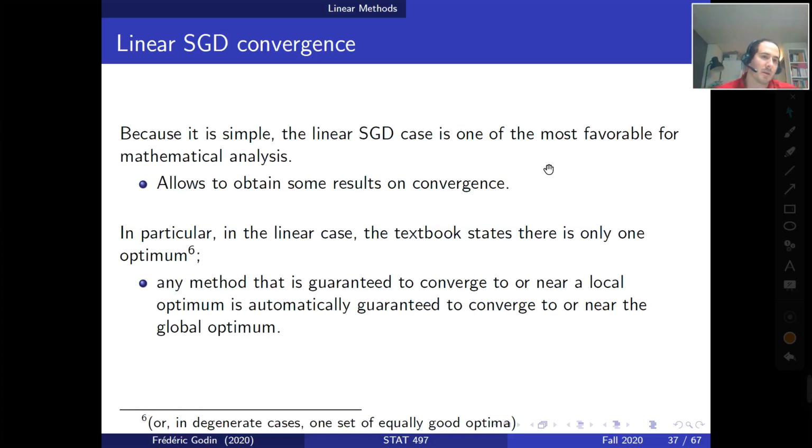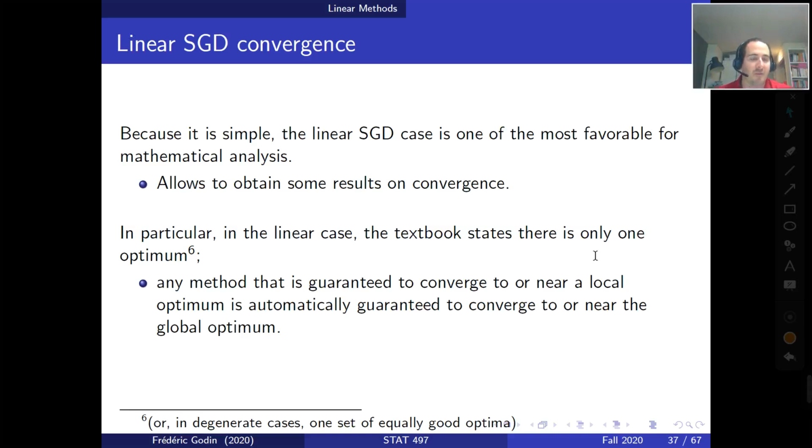So there are convergence results in the literature for this linear approximation, and according to the textbook, another result is that there's a single optimum in that case. Previously in the chapter we talked about local optima, where sometimes our estimated parameters end up not at the global minimum but at some local minimum.